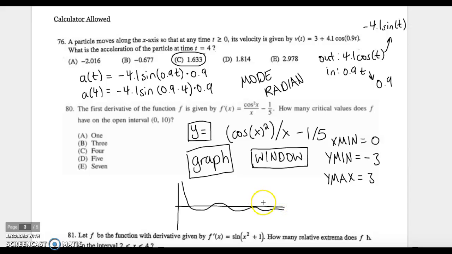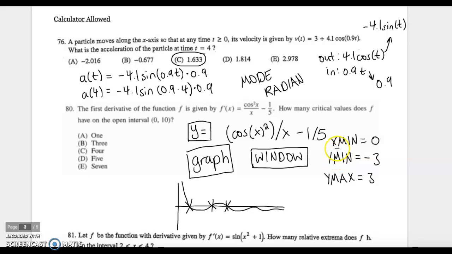Okay, and so they want to know how many critical values does f have on the open interval 0 to 10. So I can already see 3 of them. 1, 2, 3. Now this one for me looks like it could be very close, so it might be beneficial to zoom in even more in that section. Maybe make your y min -1 and your y max +1, just because that'll expand it a little bit more for you.